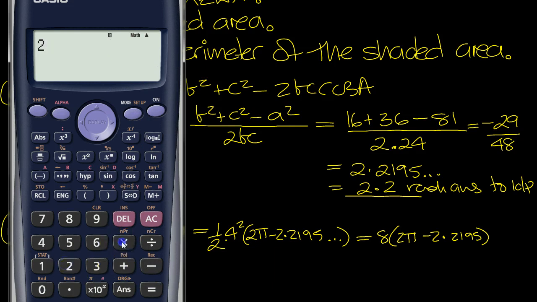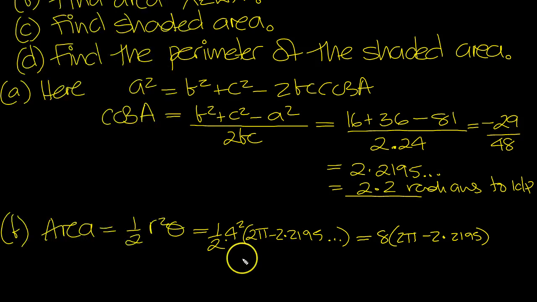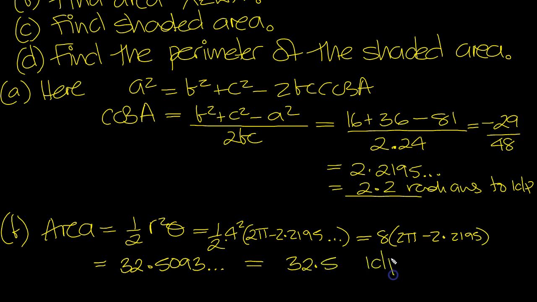It would be 2 times pi minus the answer that we had before equals 4.0636, times 8 equals 32.5093, which is equal to 32.5 to 1 decimal place centimeters squared.